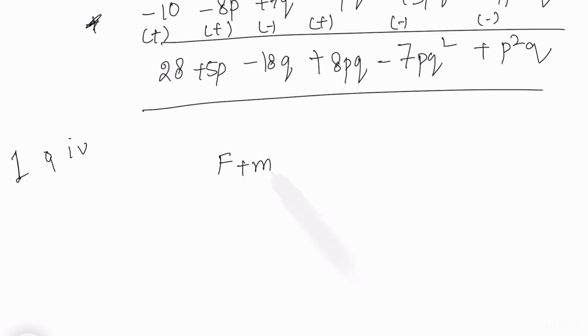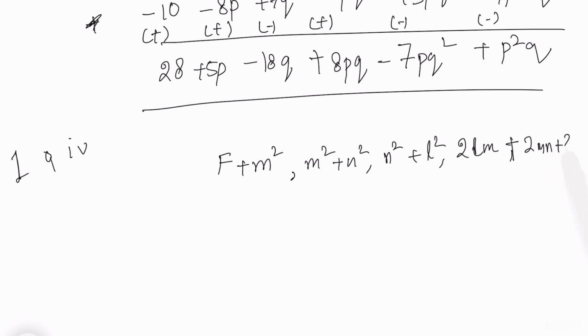This is very simple. l square plus m square plus n square. We hardly have any common terms in this. So this is one whole term. We have been given 4 expressions.